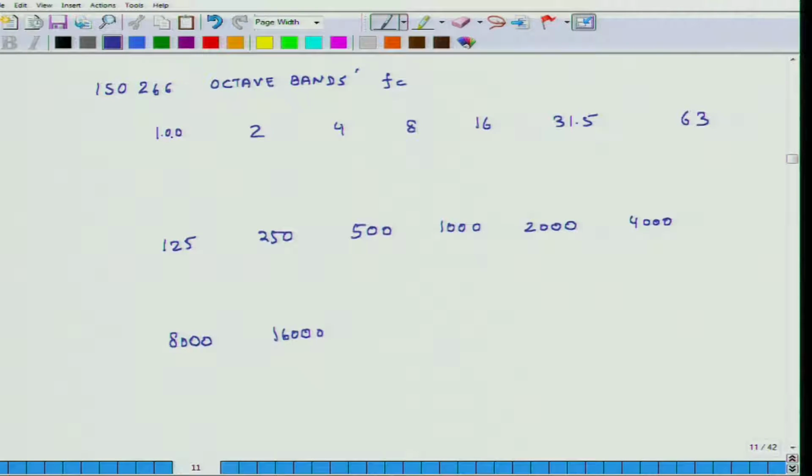Each of these bands also has a band number. The band number of this one is 0. What is the meaning of this band number? We'll see it later, but for the moment just remember that it has a band number. The band number for the second octave band, which has a center frequency of 2, is 3, then 6, 9, 12, 15, 18, and I am going to complete this series.